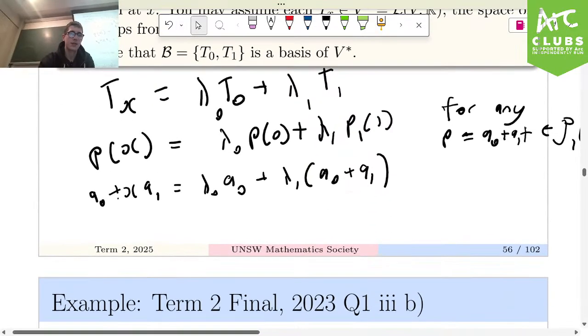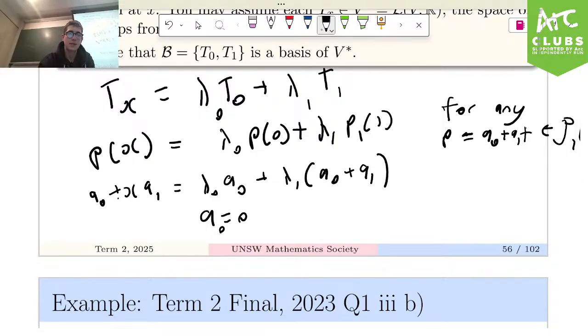From there, if we said A0 is equal to 0 for whatever reason, we would get that A1 lambda 1 is equal to X A1, which would mean that for this to be true, we can set lambda 1 to be equal to X. That's kind of what we need. Okay.